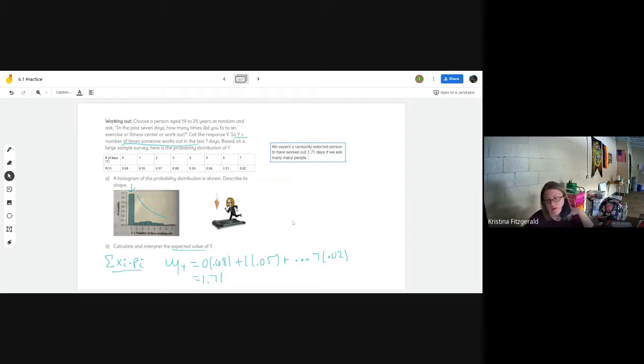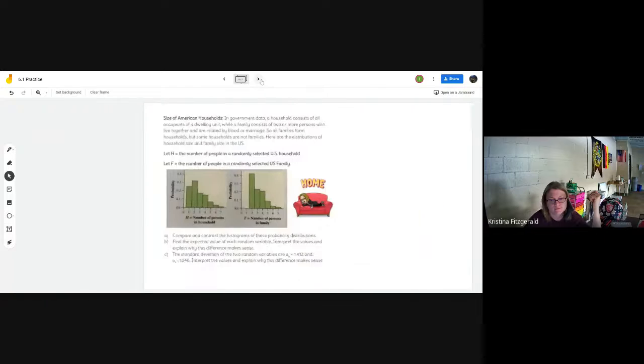So on average, people work out about 1.7 days, which makes sense because we've got a lot of people that don't work out, but then we have still some probability for each of the other days. So it should be pretty close to 1 day, but a little bit more than that because we do have some people working out more frequently up here. So that's this question.